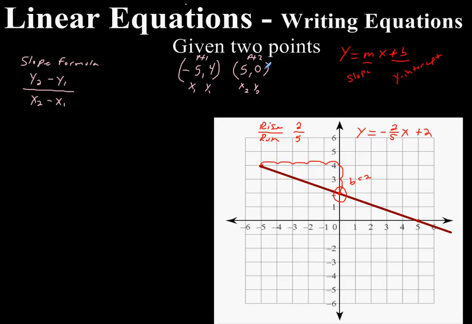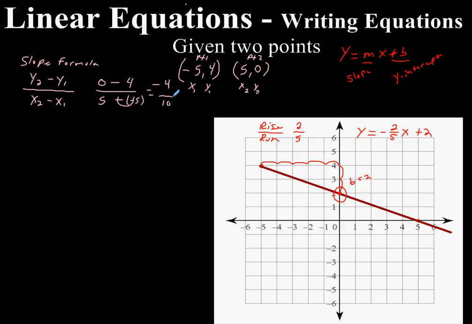So y sub 2 is 0, so let's put 0 minus 4 over x sub 2 is 5 minus negative 5. I'll put that in parentheses. 0 minus 4 is negative 4, and notice here we have two negatives making a positive. 5 plus 5 is 10.